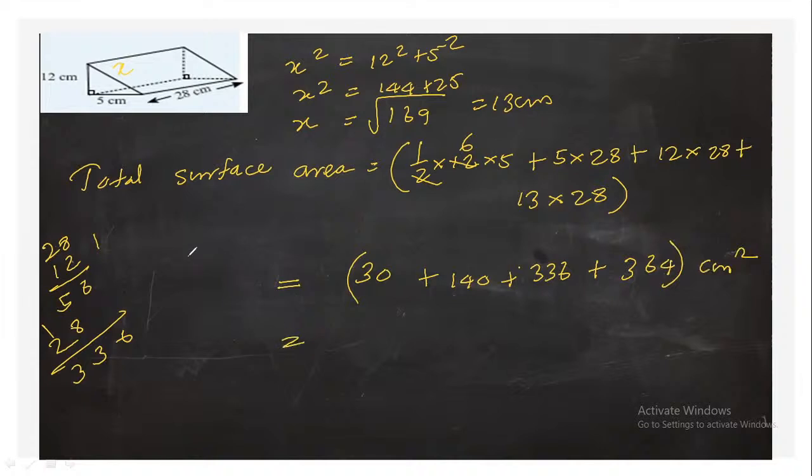At this all, 30, 140, 336, 364. When we add all this, the answer is 870 square centimeter.